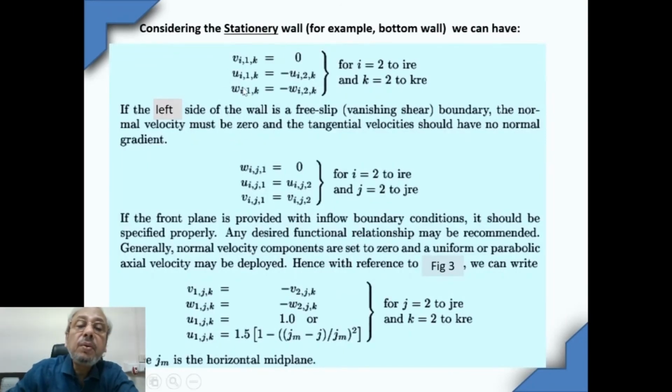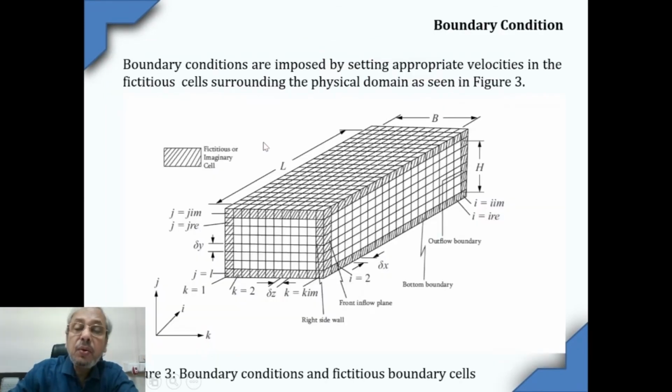So ui1k equal to minus ui2k, wi1k equal to minus wi2k, I equal to 2 to IRE, k equal to 2 to KRE. Now this is how we set the velocity boundary condition in such a way that immediately at the top of this layer of imaginary cells we define a rigid no slip wall.